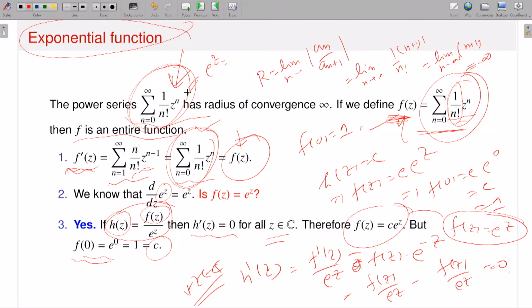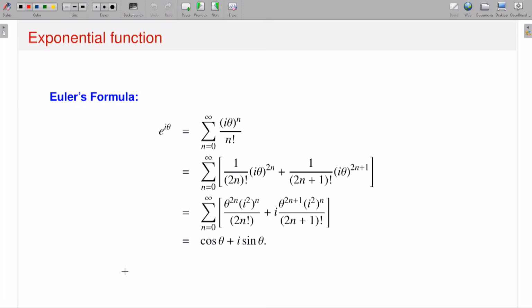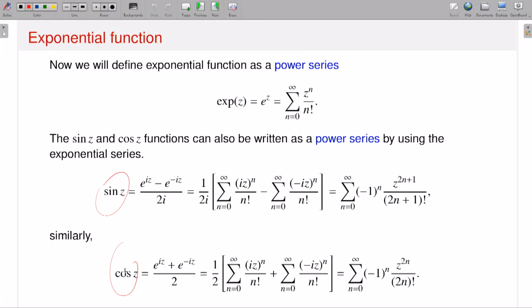Once I have the series expansion of e to the power z, and I know the expansion of sine and cosine in terms of the exponential function, you have the series expansions of sine and cosine. I can talk more about that later, but at least the major part of the theorem is done. Maybe in next week or in week 6 I will talk about that.